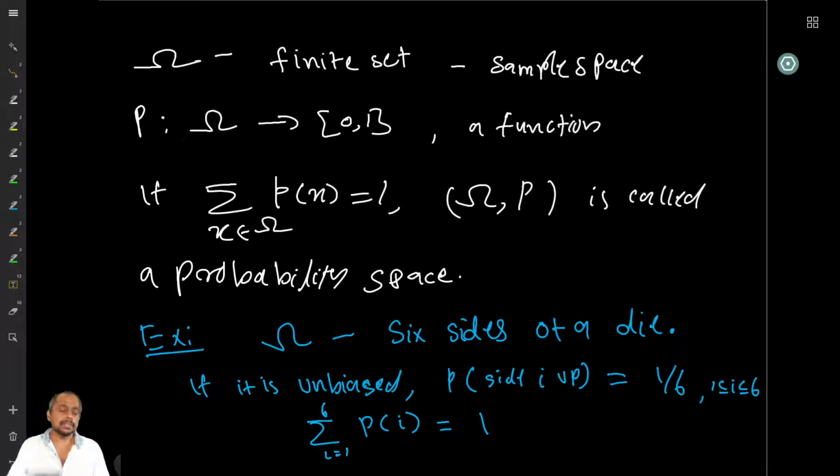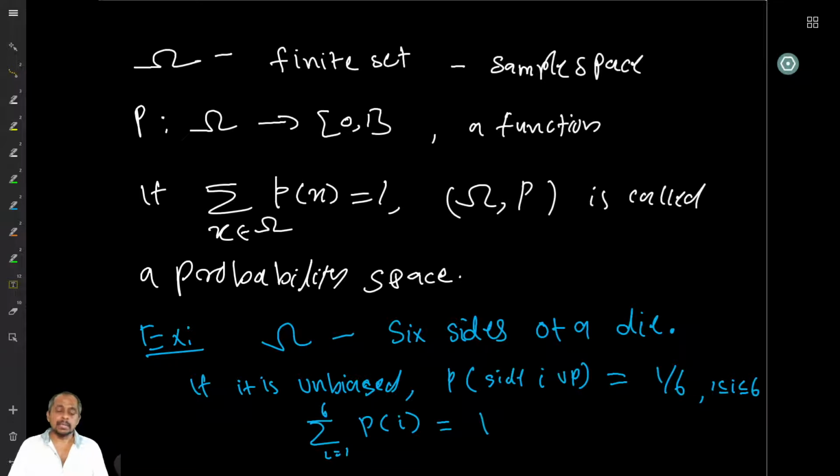And if the summation of p(x) for every x in omega is equal to 1, then we call the tuple (omega, p) a probability space. In some texts, they will also add one more term, like (omega, F, p), where F is an event space. But for the time being, we will be happy with this.